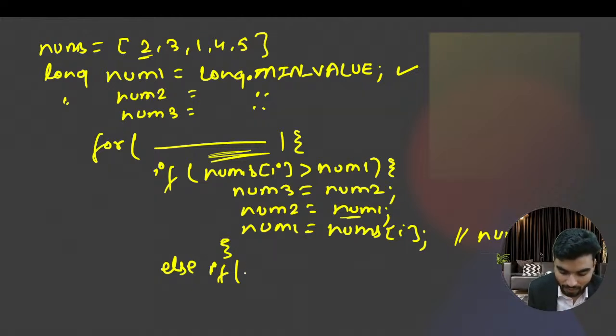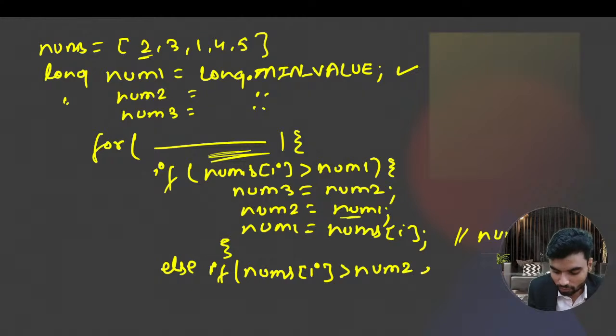So now here there's a possibility that the upcoming value is not greater than num1, but maybe it's greater than num2. Yes or no? It's possible. So if nums[i] is greater than num2, but it should be smaller than num1, which means we have the second largest value. So now we'll update it.